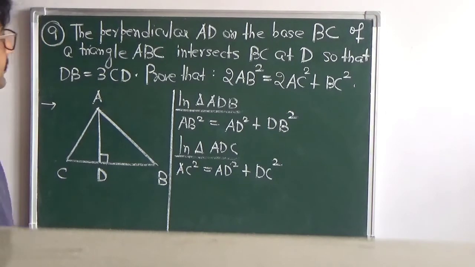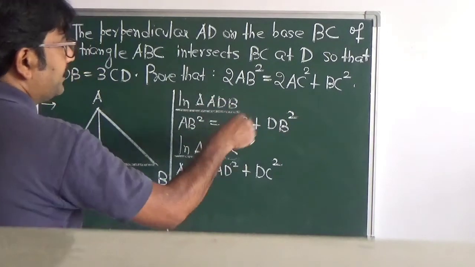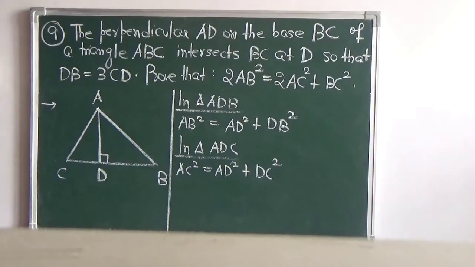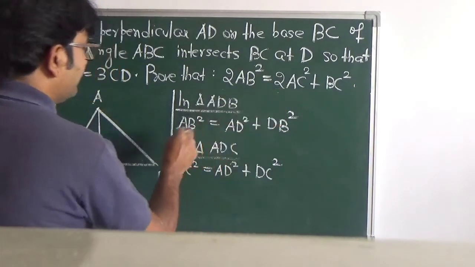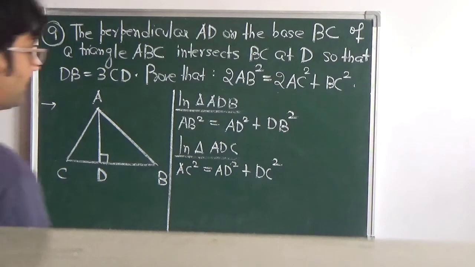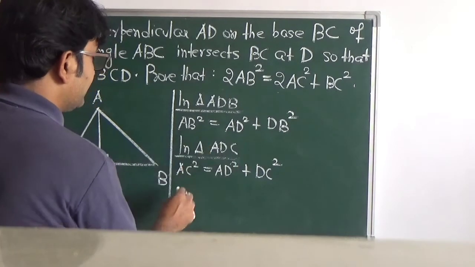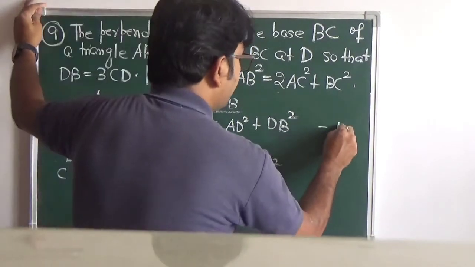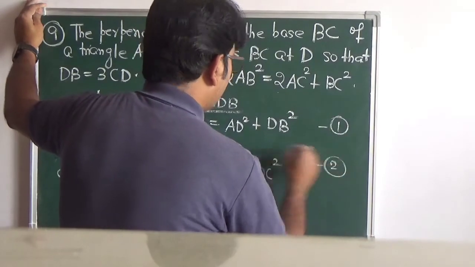Since it is twice, you can multiply by 2 on both sides and subtract, because twice AC square is there. Let us name the equations 1 and 2.